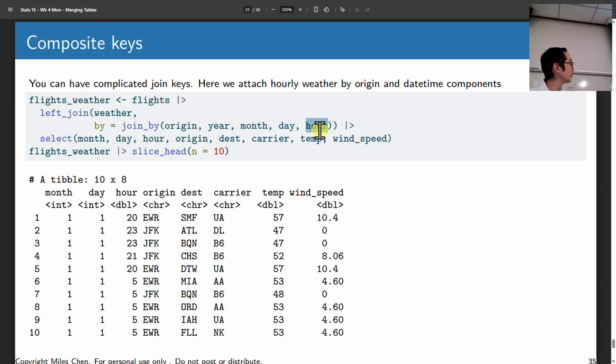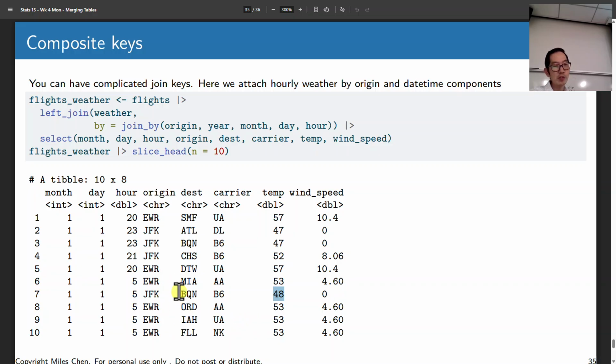Now we can say, I want the month, day, hour, origin, destination, carrier. That's extra information, but I want the temperature and the wind speed. So we could say January 1st at 5 in the morning, 53 degrees, wind speed 4.6 at JFK.